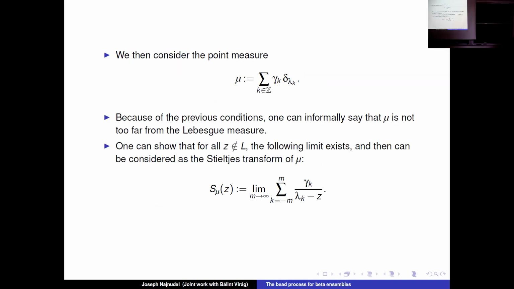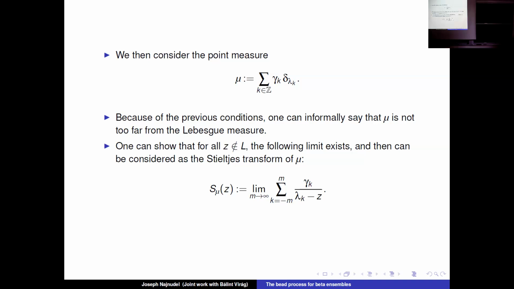So informally, because of this homogeneity and this x plus big O of x over log square x, we can say that mu is not too far from the Lebesgue measure in some sense. And in this case, we can define the Stieltjes transform.